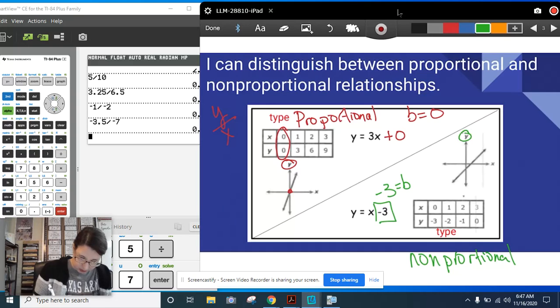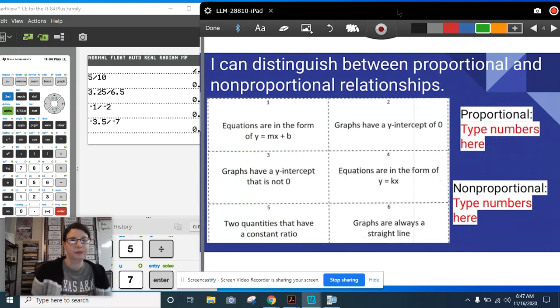So it's going to cross my y-axis here at negative 3. And we see that when x is 0, y is negative 3. We see that all in here. Okay? These are representations of a proportional graph. And on the right, or at the bottom, we see representations of a non-proportional. Let's see that in practice a little bit more.